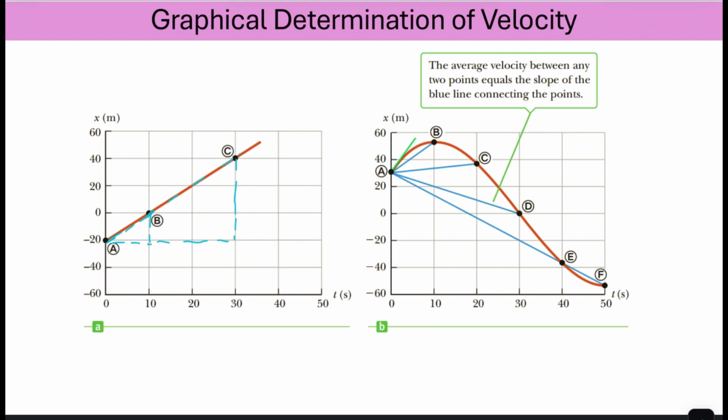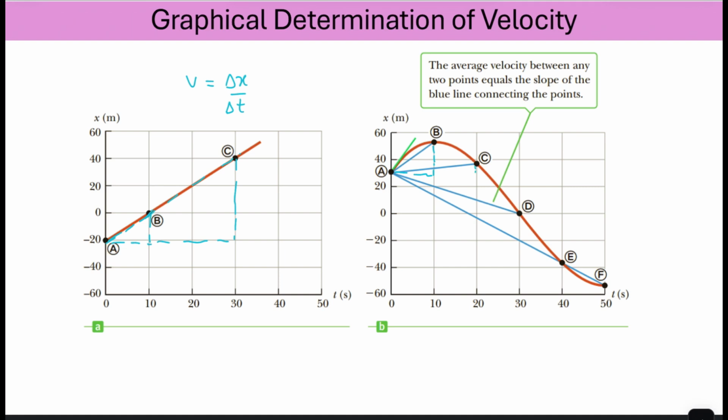So it means that the V of the object or car is constant, because the V is defined as delta x over delta t. For this case, we're going to determine the slope as well, but the slope keeps on changing.